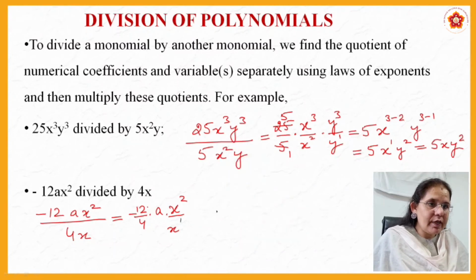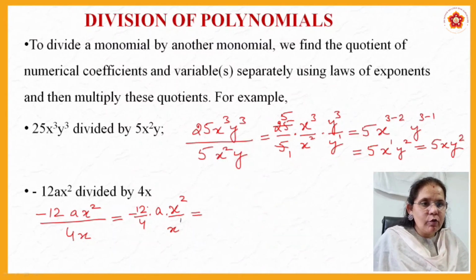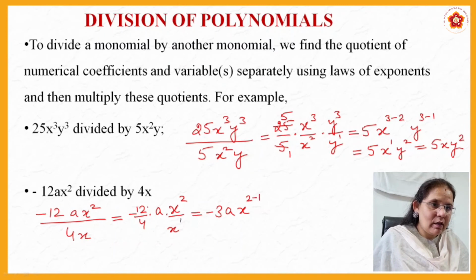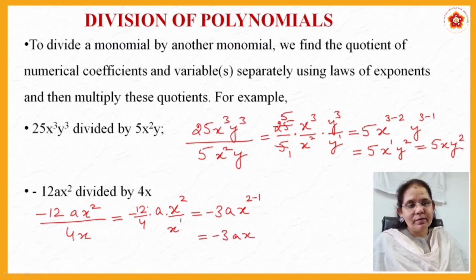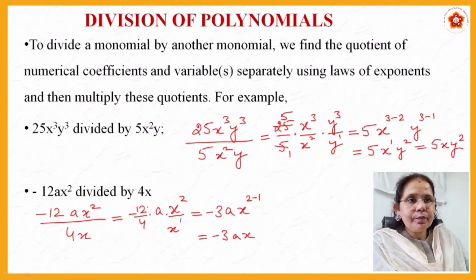And if you solve it, 12 divided by 4 is 3. Minus sign will come as it is. A will also be there and it will be 2 minus 1. Minus 3ax is the answer. I hope this division of a monomial by another monomial is clear.